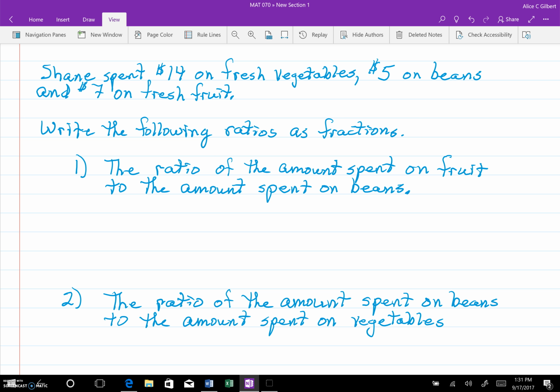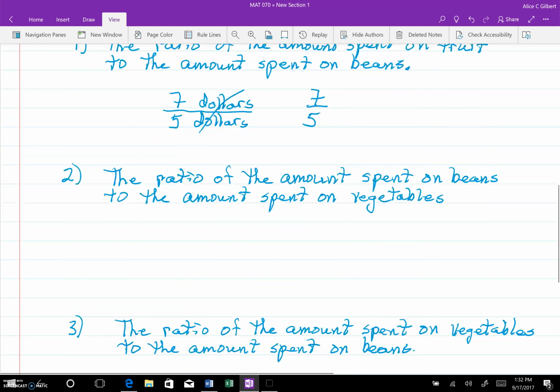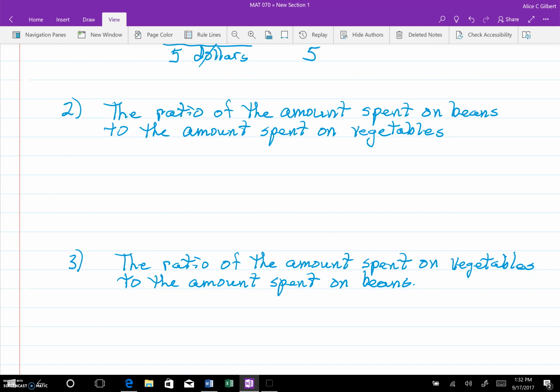Well, the amount of fruit is $7. And the amount spent on beans is $5. Well, the dollars can go away and we just end up with 7/5. Okay, 7 to 5.